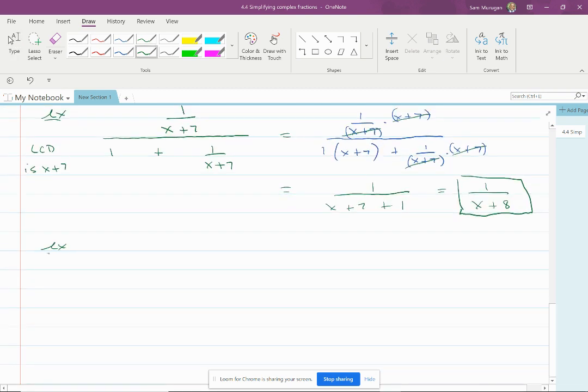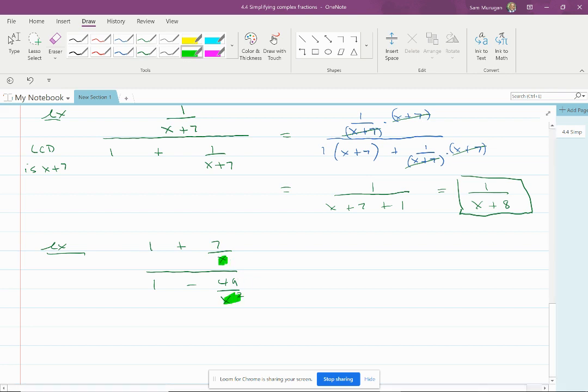Example, 1 plus 7 over x divided by 1 minus 49 over x squared. So the LCD has to accommodate both x and x squared.